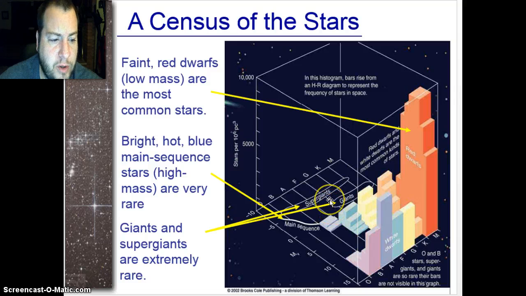Bright, hot, blue main sequence stars are rare. Smaller ones are more common. So our sun is a little bit more common than these blue ones, but not quite as common as red dwarfs. White dwarfs are high, but if you look over here, supergiants and giants don't even make a blip on this.